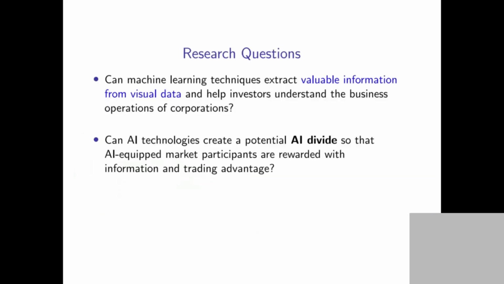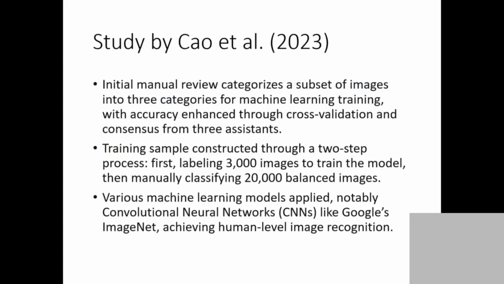So that's how we did. So we labeled this kind of images, and then classify them, and we have 20,000 training samples.